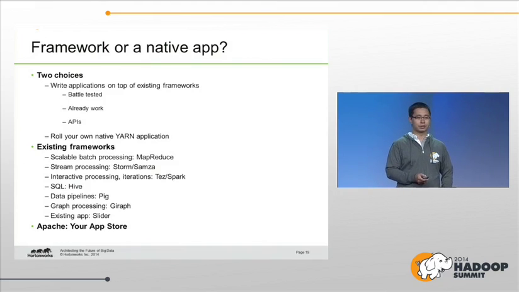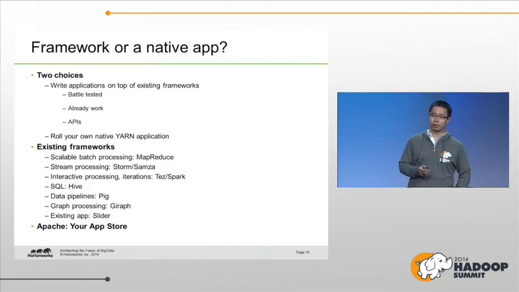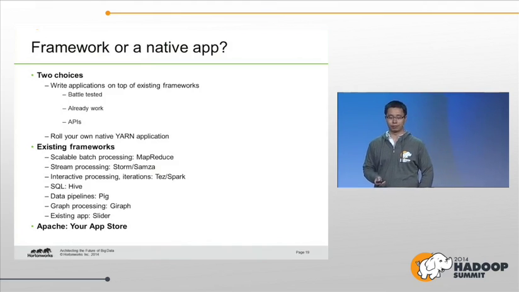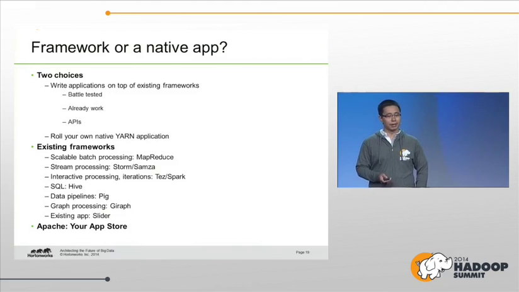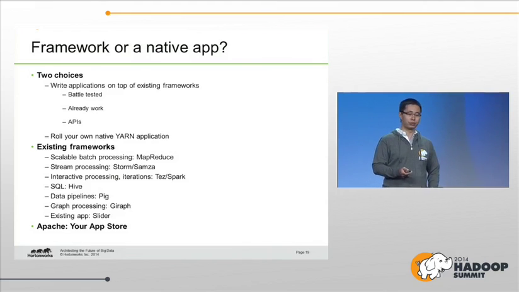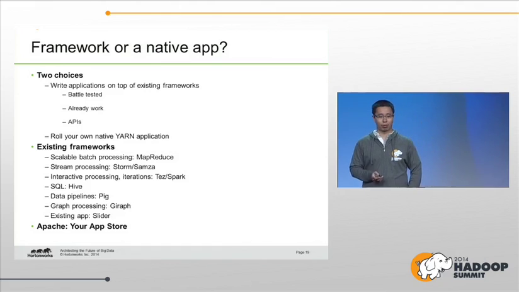Actually, in the current Apache Foundation we already have a lot of existing frameworks you can take advantage of. These application frameworks include MapReduce, which can help you do batch processing, and Storm and Samza, which can help you do streaming data processing.